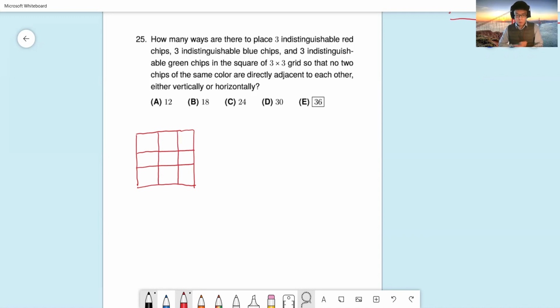And we place these 9 chips into these 9 boxes in order that no 2 chips of the same color are directly adjacent to each other, either vertically or horizontally. So same color chips cannot be next to each other, horizontally or vertically. How many ways can we do that?